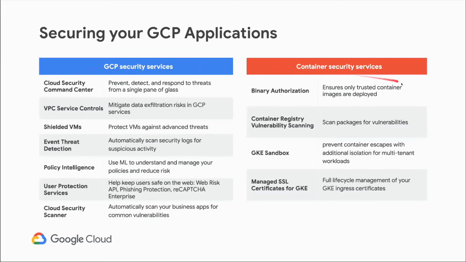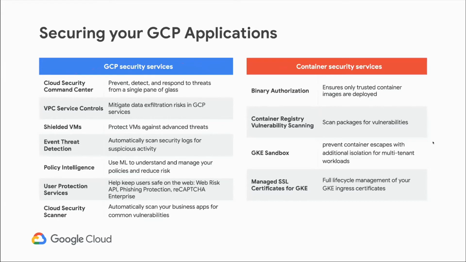On the right, we also have a set of services specific for container security. As Greg mentioned, something that we have been doing at Google for a long, long time is deploying applications as containers. And then we externalized all that knowledge as the Kubernetes orchestration platform and now the Anthos multi-hybrid platform.